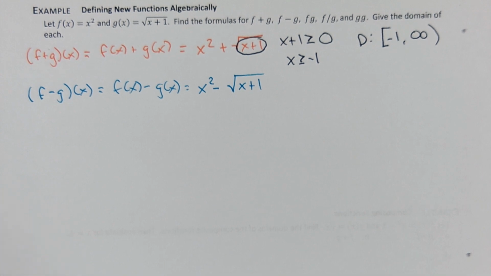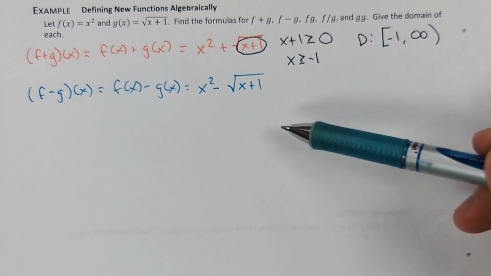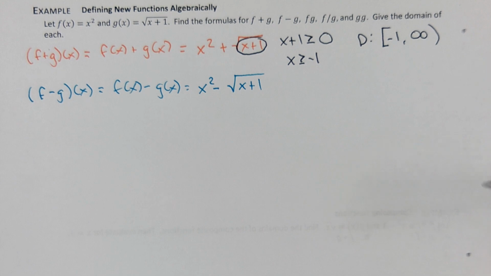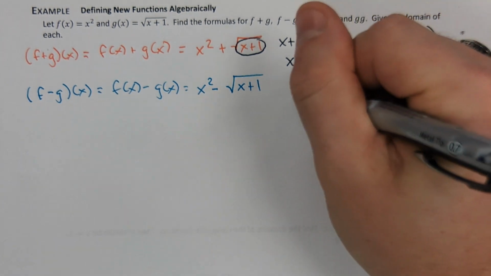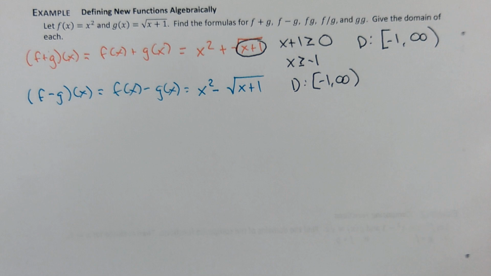And it doesn't matter if that square root bar has a plus sign or a minus sign in front of it. You still can't take the square root of negative numbers. That means this blue function, f minus g of x, has the exact same domain as my orange function, f plus g of x, which was negative 1 to infinity, including the number negative 1.